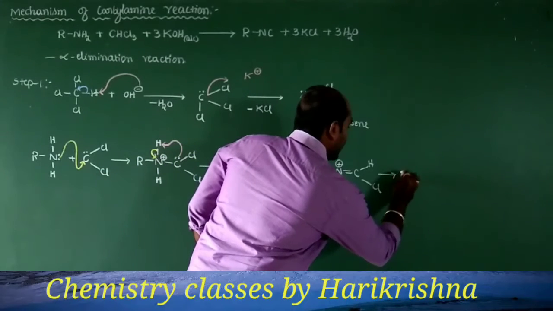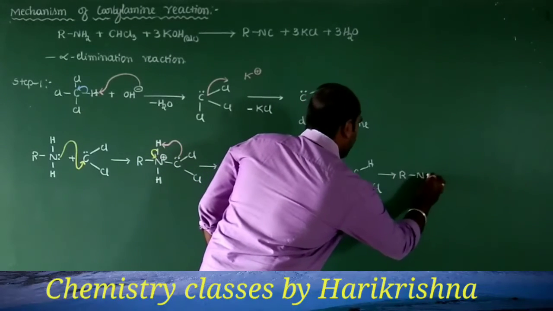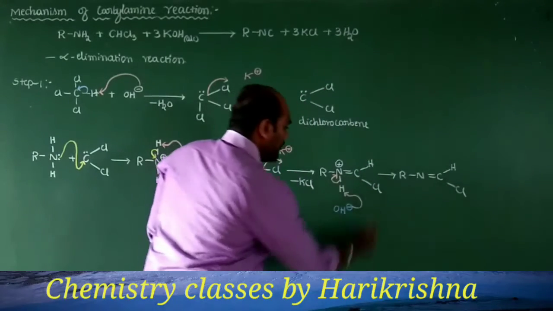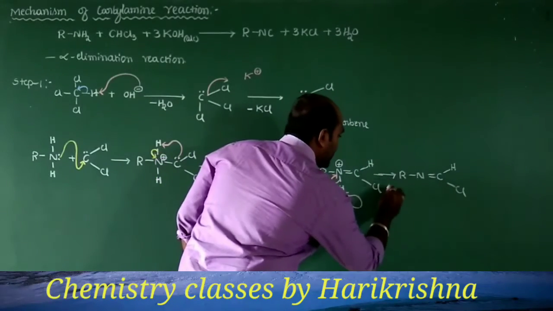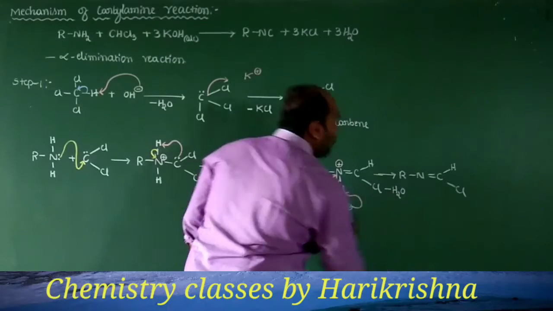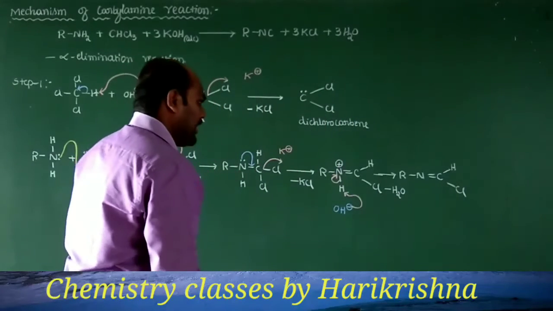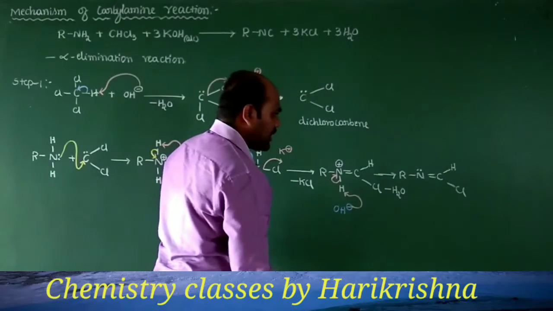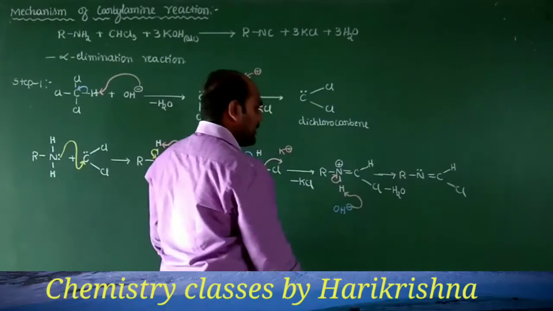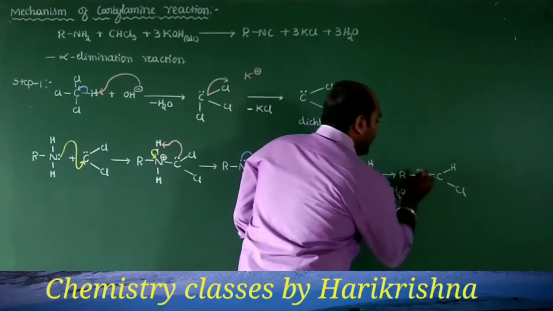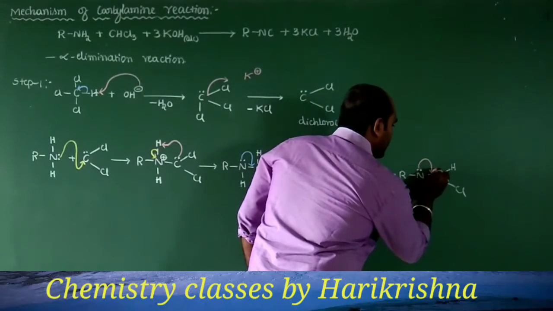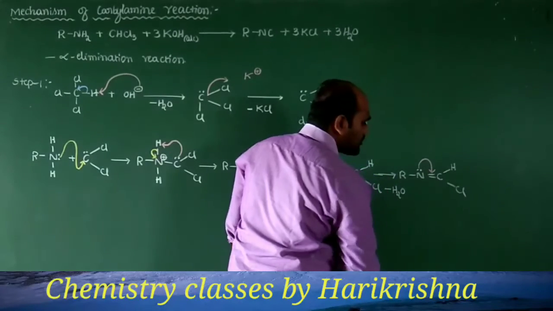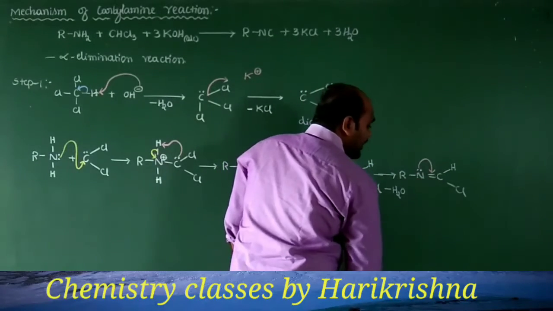So you will be getting R, N, double bond, C, H, Cl. So here OH⁻ and H have combined, and that results in the elimination of 1 unit of water molecule, and once again they created a lone pair of electrons on the nitrogen atom. And now this lone pair of electrons will once again shift or redistribute between nitrogen and carbon atom, so that develops one more pi bond between nitrogen and carbon.